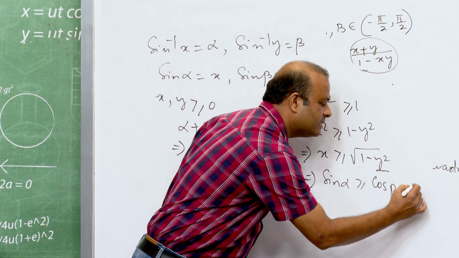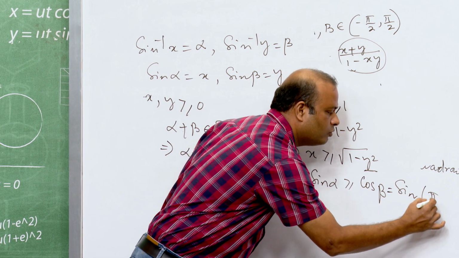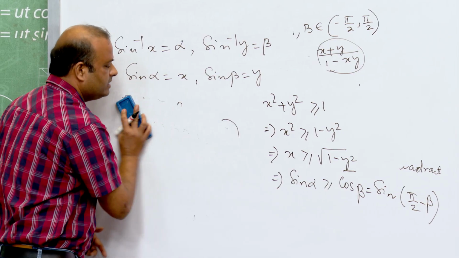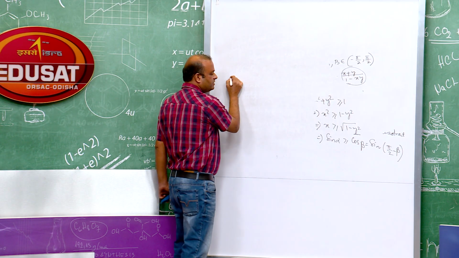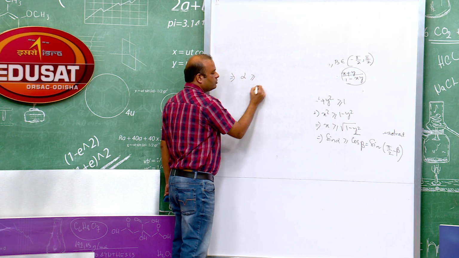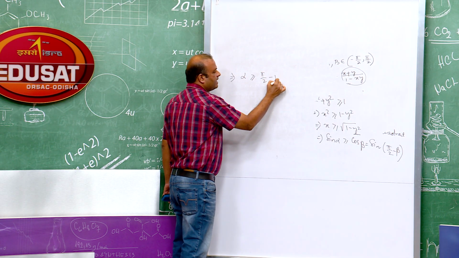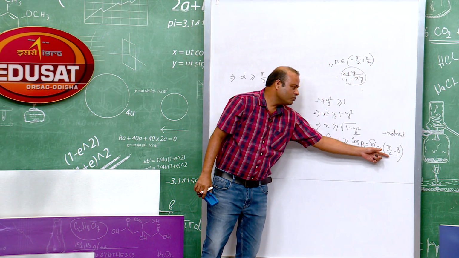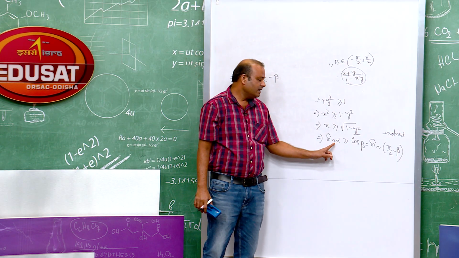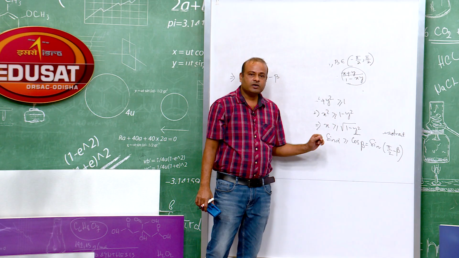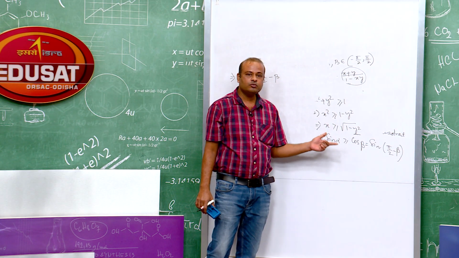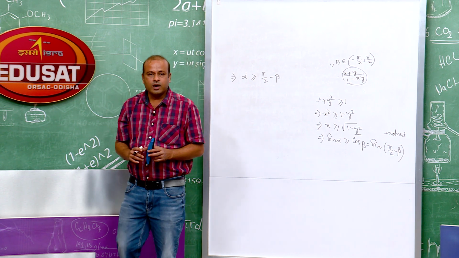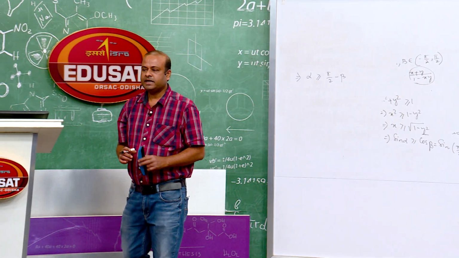So you can write it as sin of pi by 2 minus beta. So sin alpha greater than equal to sin of pi by 2 minus beta. Since sin is an increasing function in minus pi by 2 to pi by 2, we can write alpha greater than equal to pi by 2 minus beta.